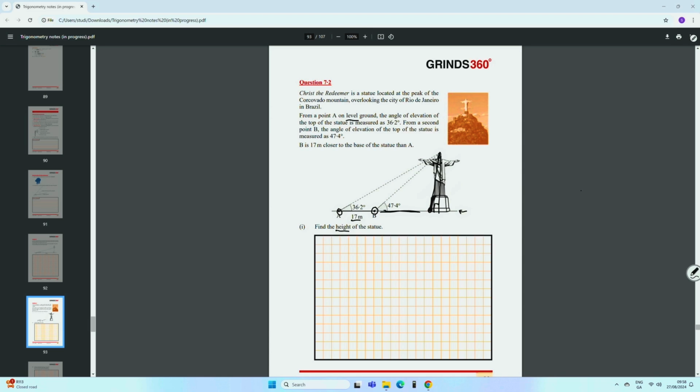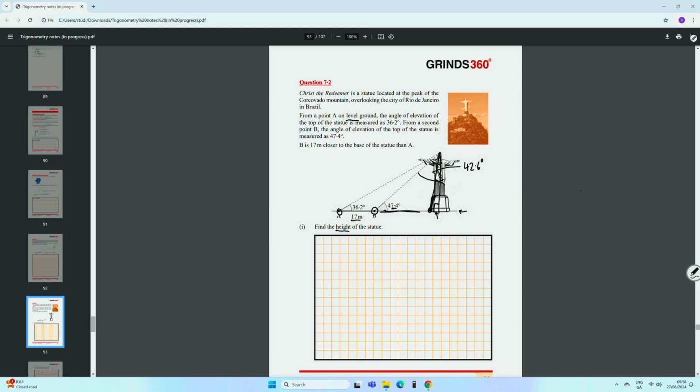Now I can actually fill in a lot of angles here, can't I? Because if I've got a right angle triangle here, this angle at the top here, that's 180, take away this 90-degree angle here, and then take away the 47.4. So that angle up there is 42.6 degrees. So I'll fill that in. Right, that angle there is 42.6 degrees.